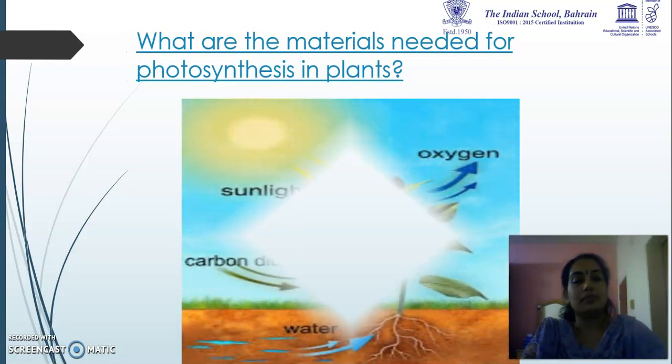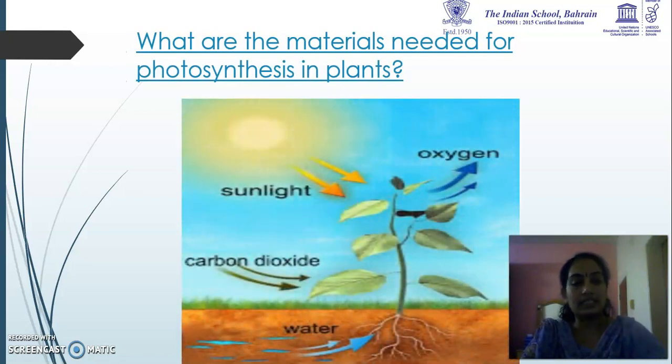You can see here in the picture that sunlight, carbon dioxide, and water are all taken in by the plants, and with the help of chlorophyll, the plants perform photosynthesis.